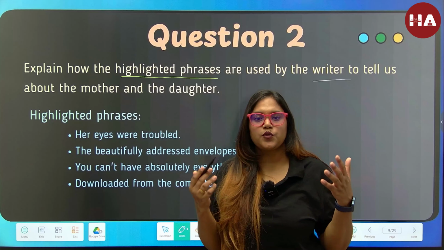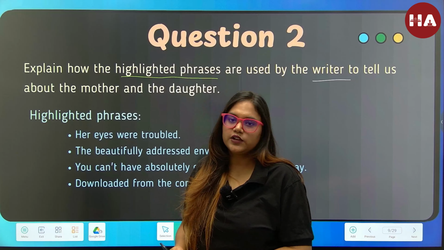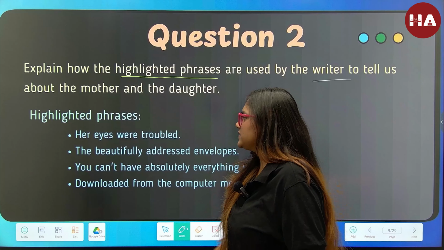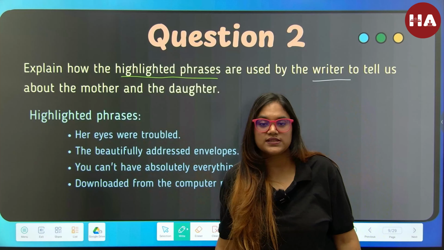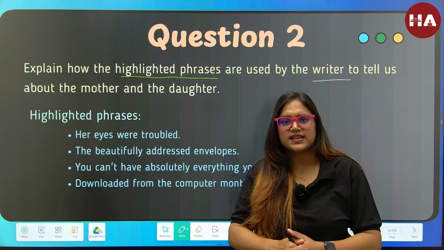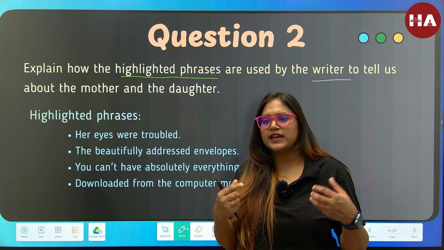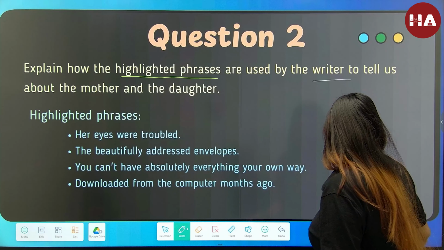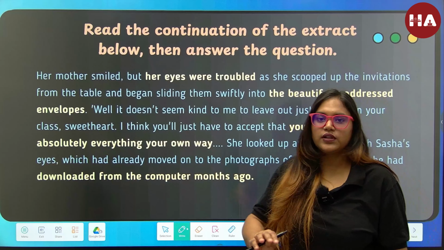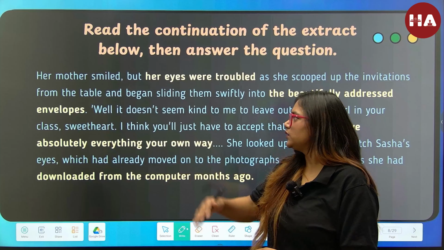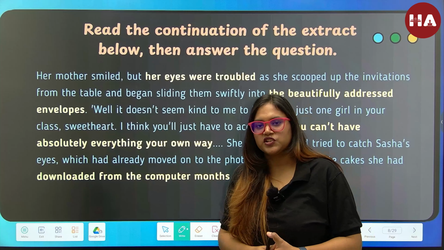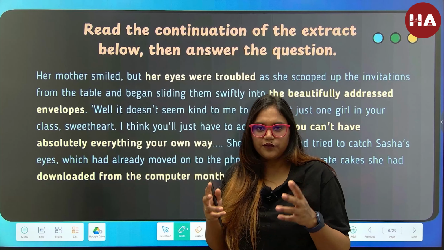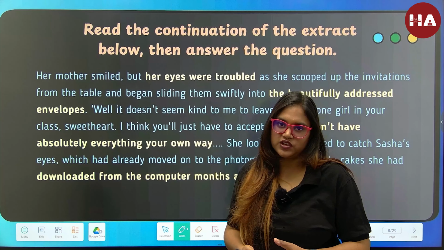So we are supposed to analyze not only the daughter but also the mother. So these are the highlighted phrases. I would like you to note down your responses for these highlighted phrases, whatever you get to know when you see these phrases. I will put you back onto the extract again, so you can see the highlighted phrases and note down your interpretations, and we shall discuss my interpretation for the same.